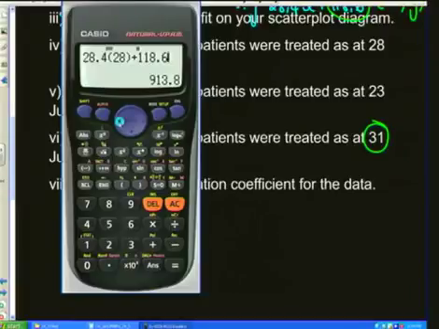But let's quickly see. I'm going to go back through my points and place 31st of July. So yes, 999 people are now being treated for flu. So we've got a linear relationship. It's the more of one, the more of the other.